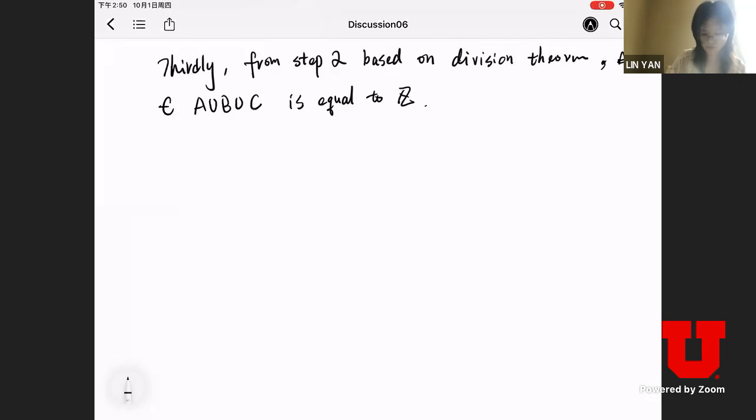And from these 3 steps, we can make a conclusion. Therefore, A, B, C is a partition.